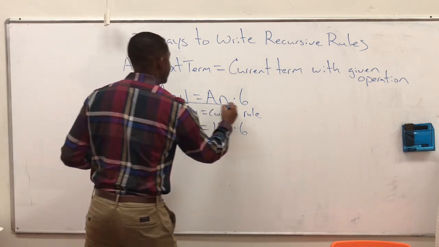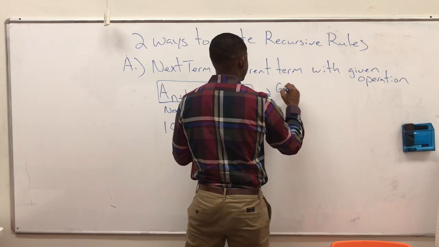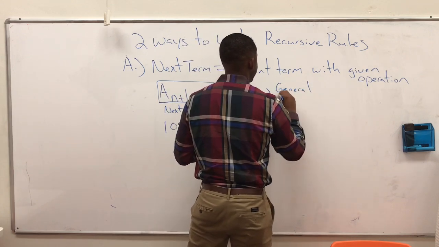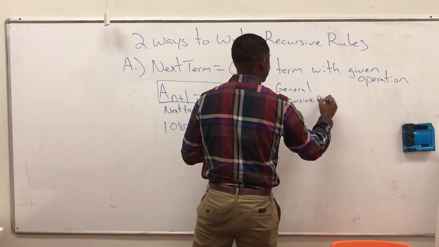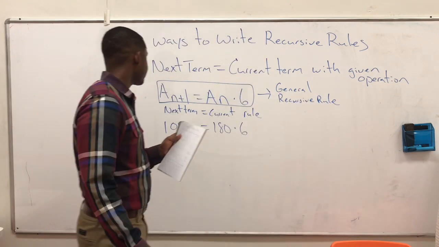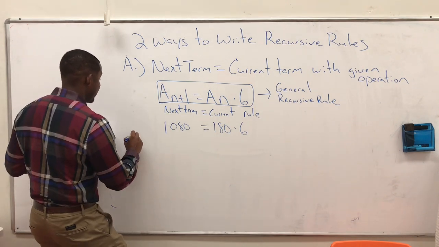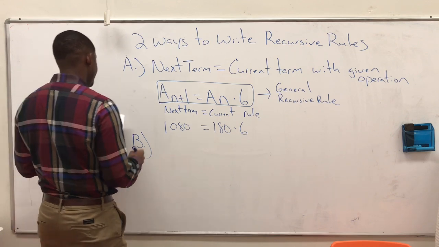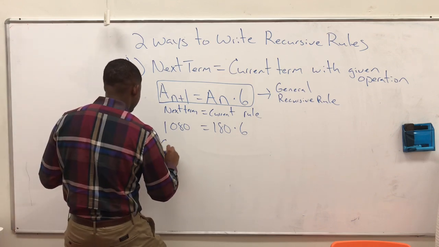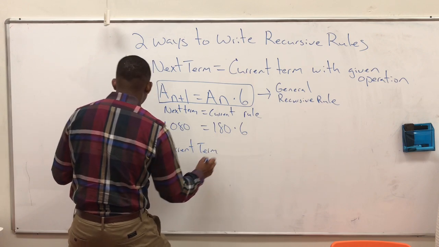This right here is a general recursive rule. Okay? But there's another way that you can write that rule. That's one way it works. But some of you might think about it another way. The other option is you can take, to get your current term, right?